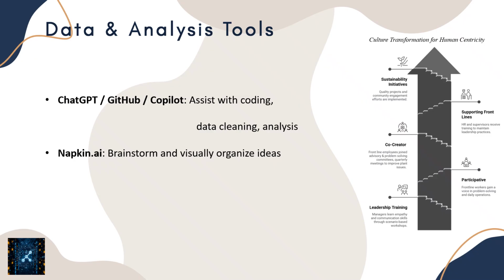This is an example where I was talking about culture transformation, and here it gave me a process of how it works going up. And so it's very helpful in creating many different kinds of visuals for my presentations. And then finally, Cite AI also helps with the citations.